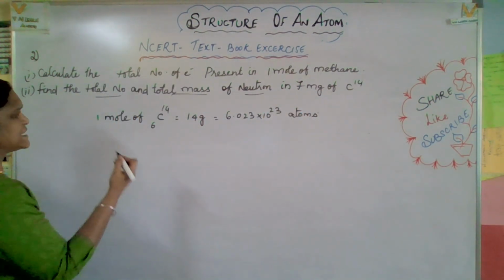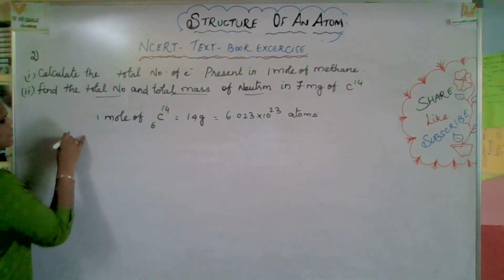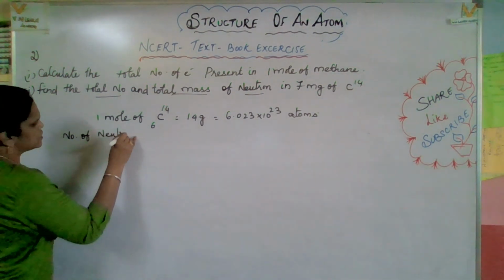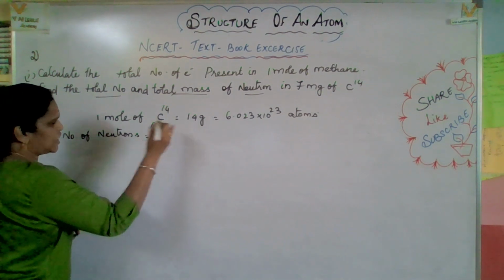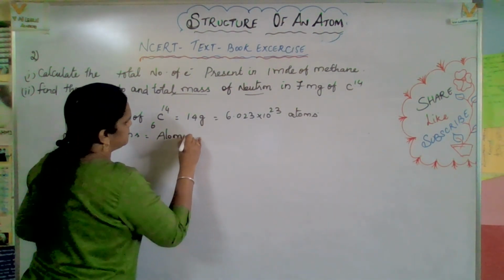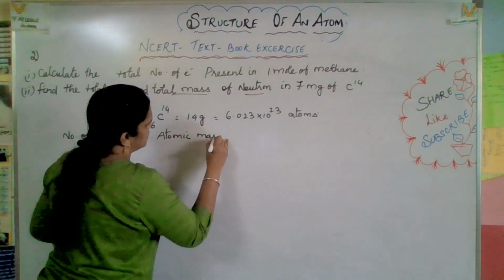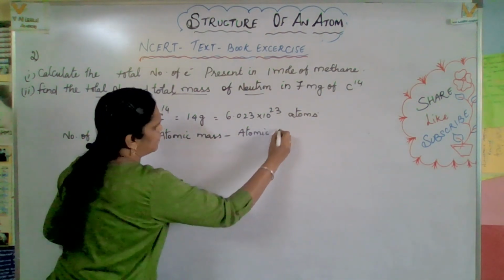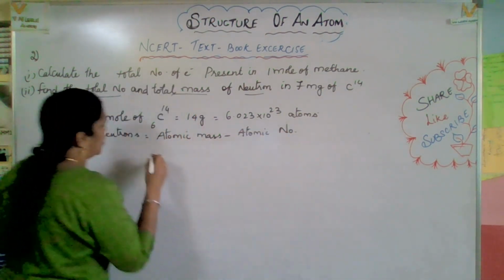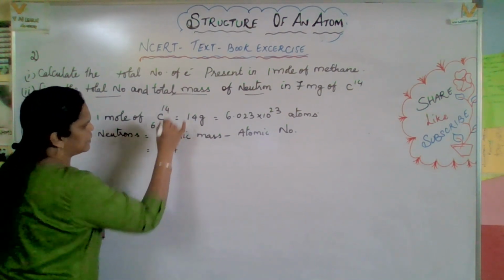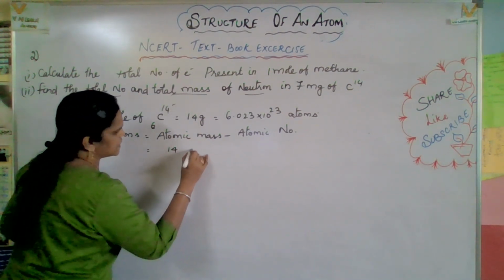Right, now they are asking the number of neutrons. So how to identify the number of neutrons? Number of neutrons is equal to atomic mass minus atomic number. Here atomic mass is 14, atomic number 6.